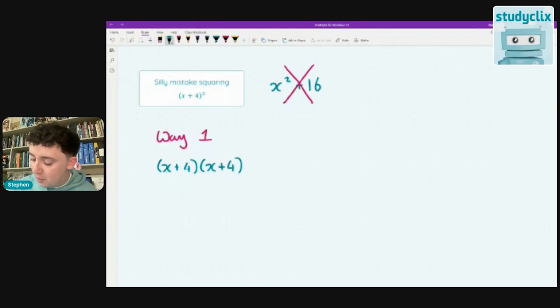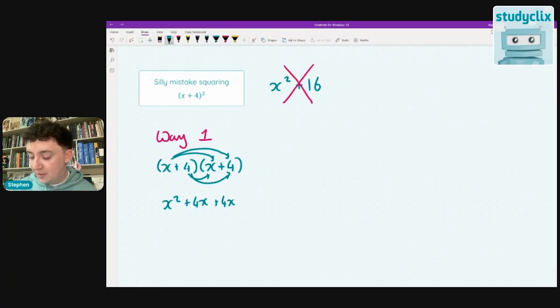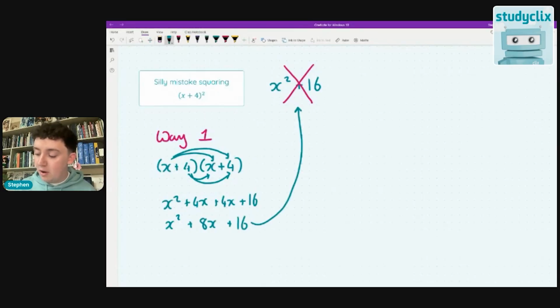And I know a lot of you would come along with your arrows and do x by x, which is x squared, x times 4, which is 4x, 4 by x, which is 4x, and 4 times 4, which is 16. And you tidy up the middle there to give me x squared plus 8x plus 16, which is the correct answer. So you can see in the incorrect one that I crossed out, we wouldn't have had the plus 8x. So that's one way people would do it.